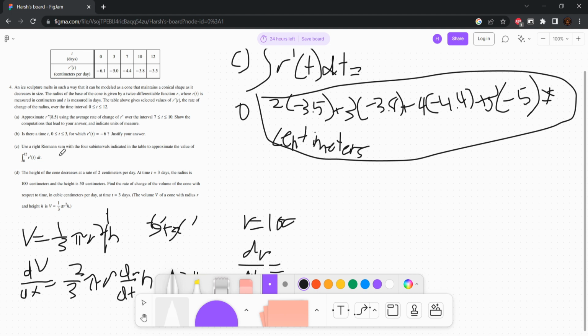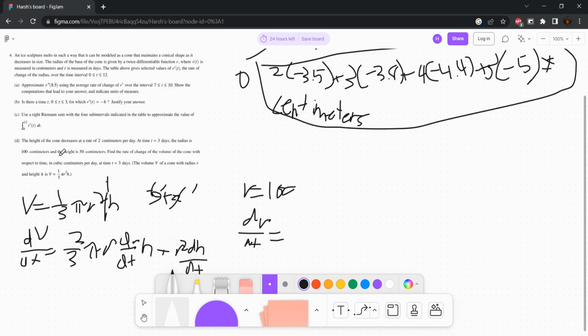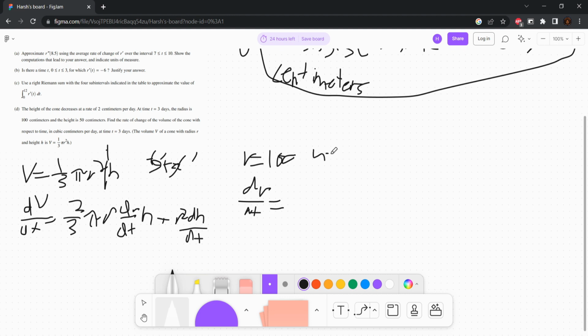The radius is 100 centimeters and the height, okay, as we know at the time, the height would equal 50, and then dr over dt would be equal to -5, and we know dh over dt is -2, because it decreases at a rate of 2.